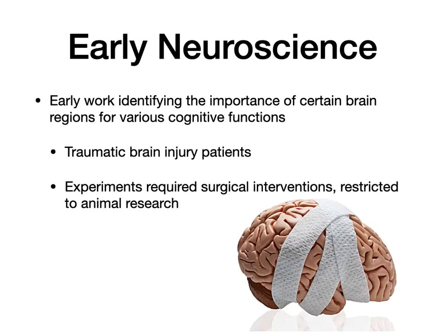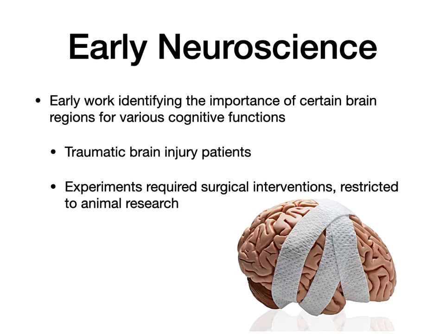So, early neuroscience, as we have discussed, a lot of times it was traumatic brain injury patients that would help us figure out the importance of one particular brain region to cognitive functions, right? And the experiments all required surgical interventions and especially animal research, as we've discussed.